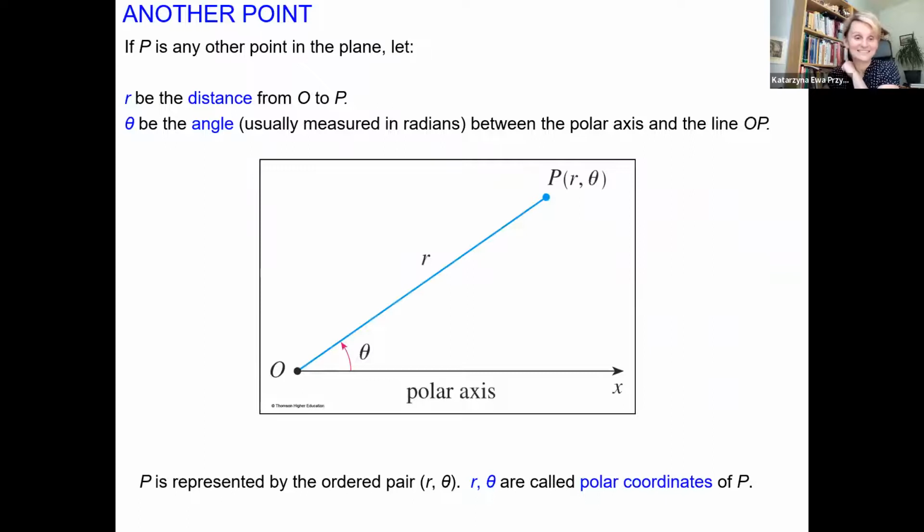Polar axis, pole O, and a certain angle going counterclockwise, that's the positive notation, that's theta, and the distance from O, from the origin, or pole. And that will be the coordinates.